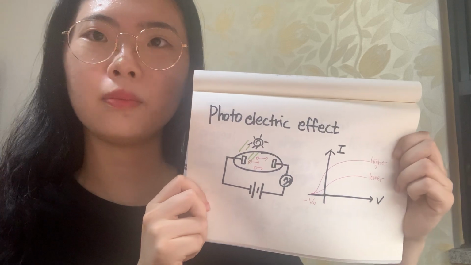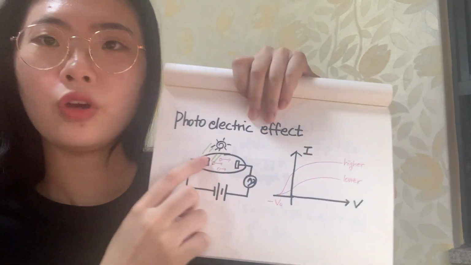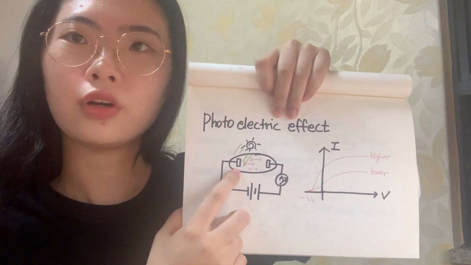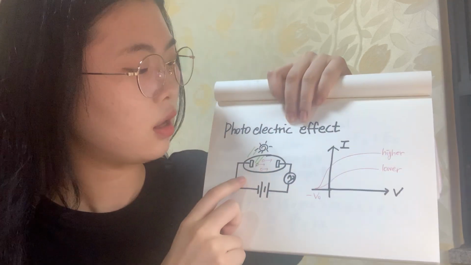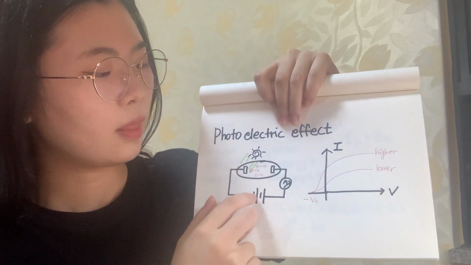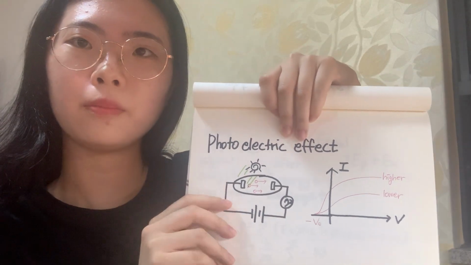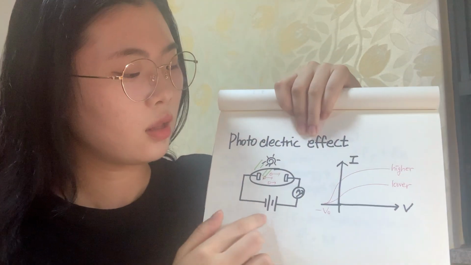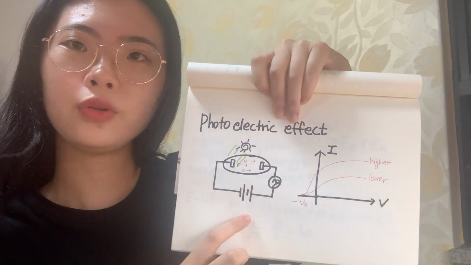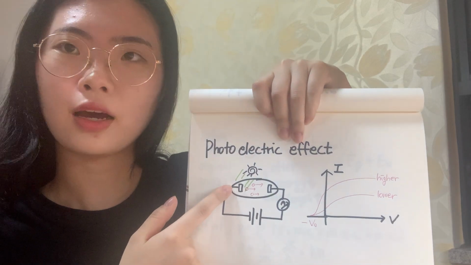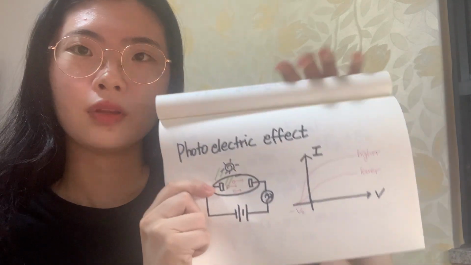Then let's talk about the photoelectric effect. When you shine light on metal materials, electrons are emitted. These emitted electrons depend on the setup of the electrode, the intensity of light, and the wavelength of light.